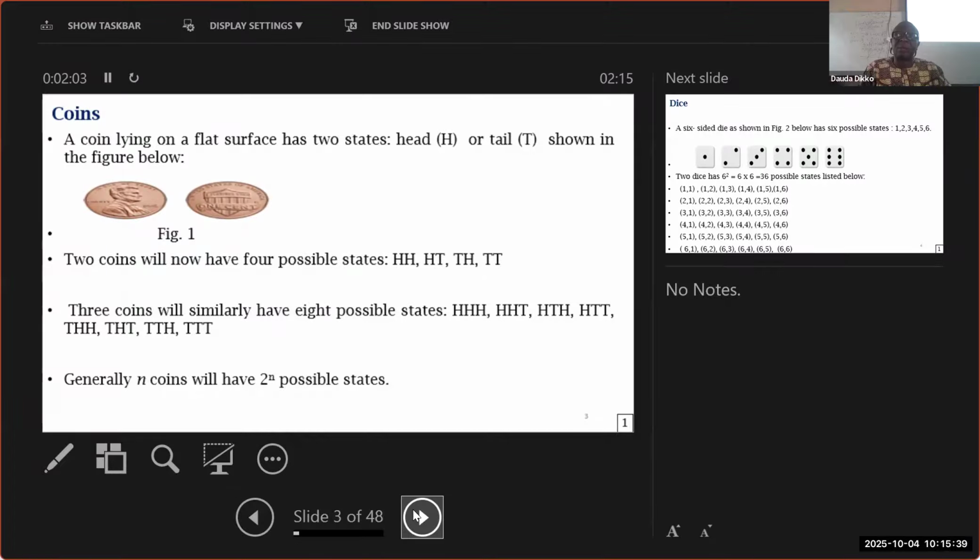Now, if we have 2 coins, we have 4 possible states, and that indicates that n is equal to 2. Then if we have 3 coins, we have 8 possible states, showing that n is equal to 3. So n represents the number of coins. So generally, if you have n coins, it is possible for us to have 2 raised to power n possible states.